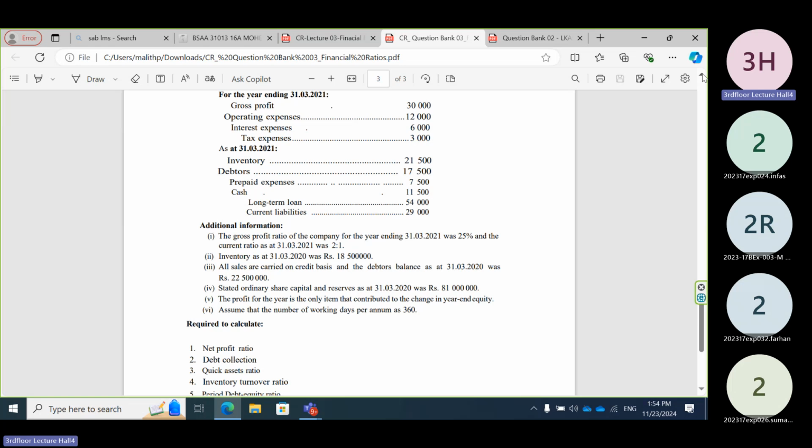So once you are comparing your profitability, net profit versus interest expense, it is a very difficult situation. Why? You are earning net profit of 7.5%. You have to pay 22% interest. Earnings before interest and tax ratio, you can calculate that.